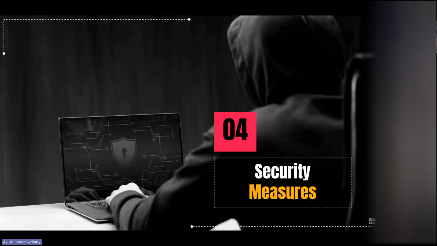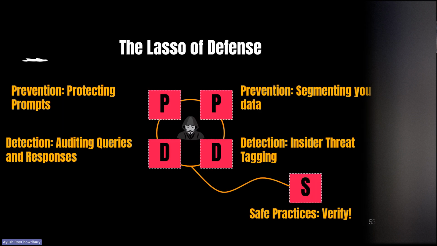So some security measures to think about when deploying these solutions is prevention. One of the preventions is protecting against prompt injections occurring in the first place. Segmenting any sensitive data. Detection and prevention is auditing queries and responses. Tagging any insider threats, or people in your organization that you might believe might not have the best data sources.